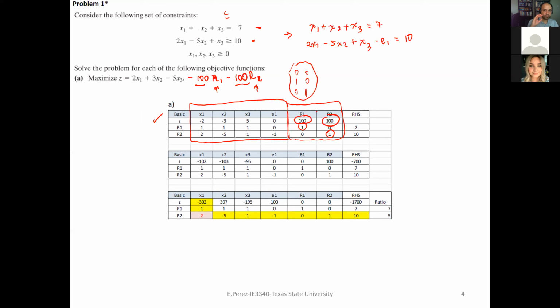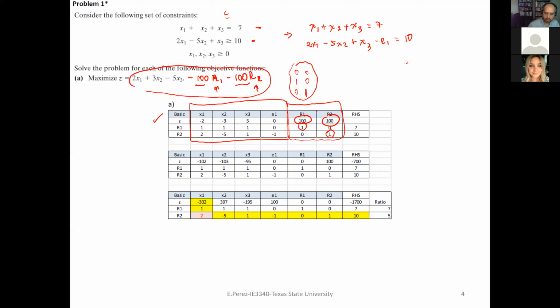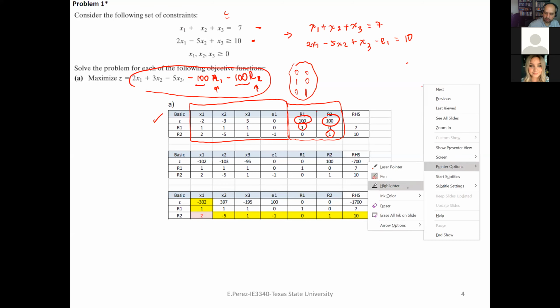So by setting up the tableau in this form, because we are maximizing, we are subtracting those artificial variables from the objective function, and we are also adding those artificial variables to the constraints.